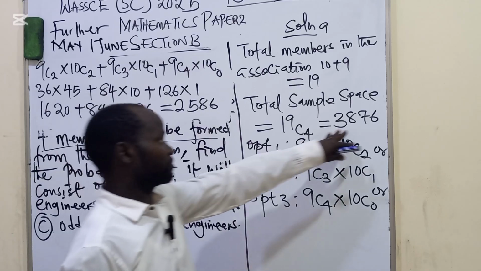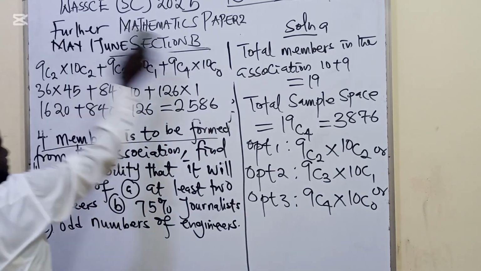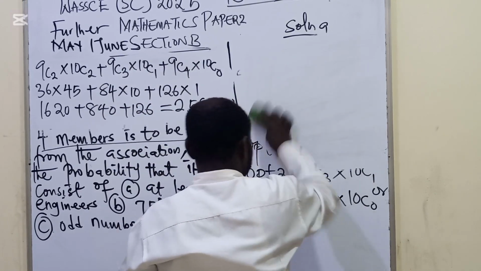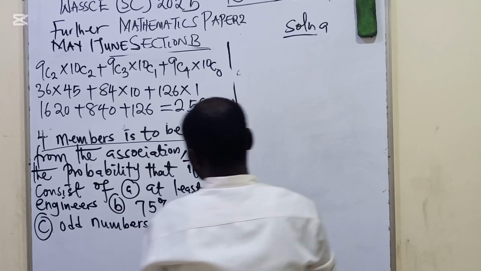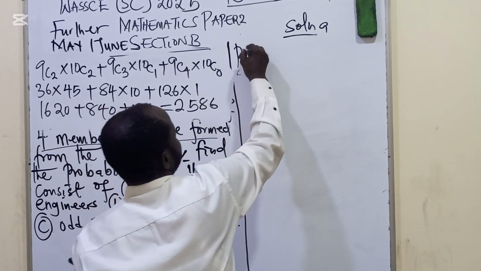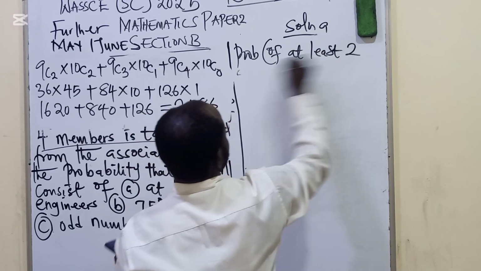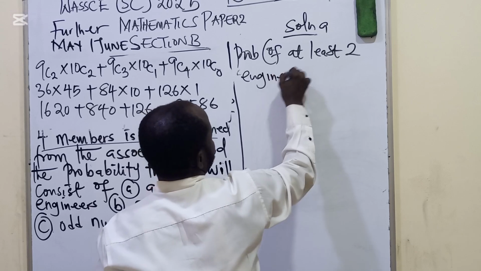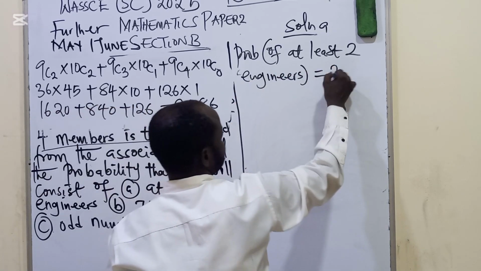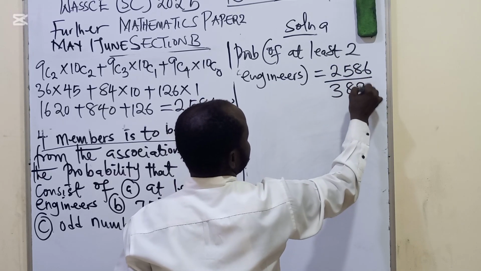We know our total possible outcome as 3876. Finally, the probability of at least 2 engineers will be the required outcome, which is 2586, divided by 3876.